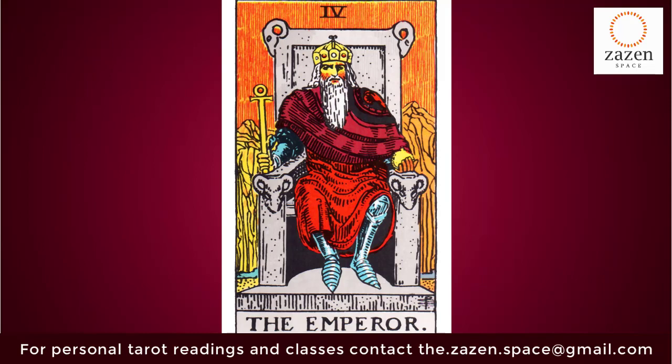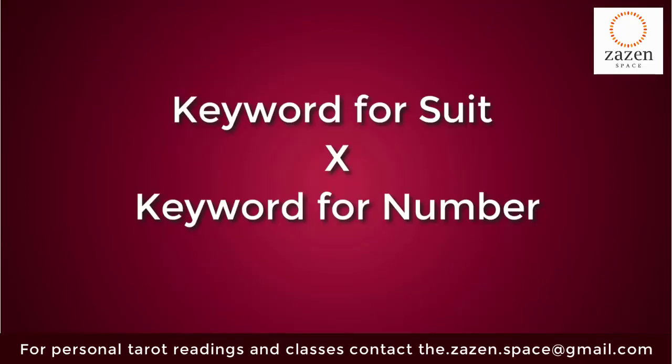The tarot cards can also be so easy to understand. The thing that you need to remember is the keyword for the numbers, starting from aces, twos, threes, straight down to 10. And then the 4 suits, that is the wands, cups, pentacles, swords, those keywords. And then you keep multiplying.